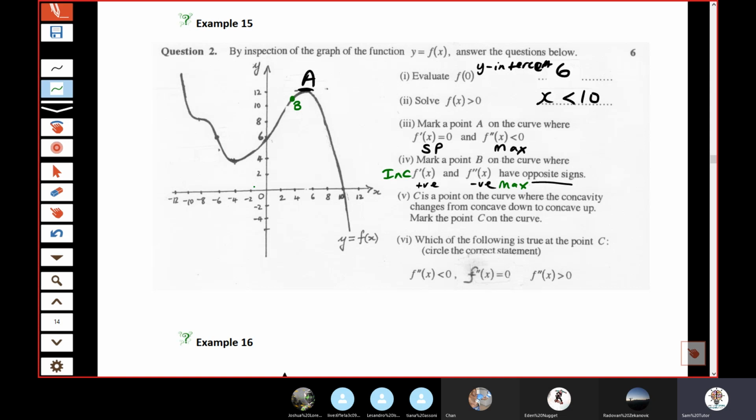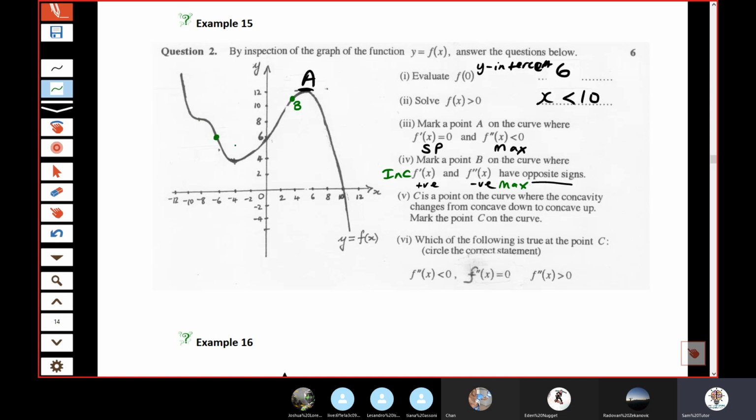C is a point on the curve where the concavity changes from concave down to concave up. That means point of inflection. Mark the point C. Where is it concave down to concave up? Right there. That is concave up. That is concave down. And that is concave up again.